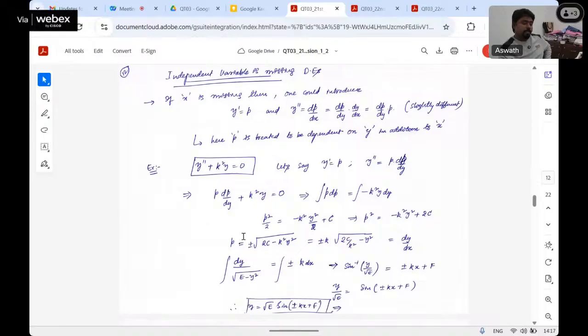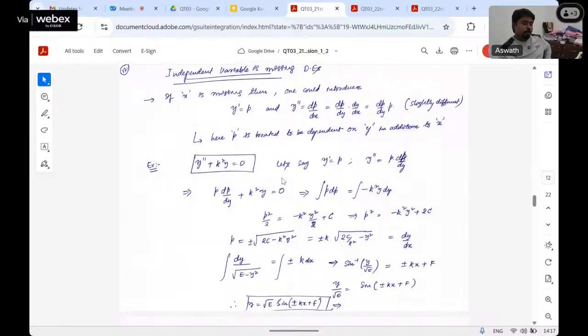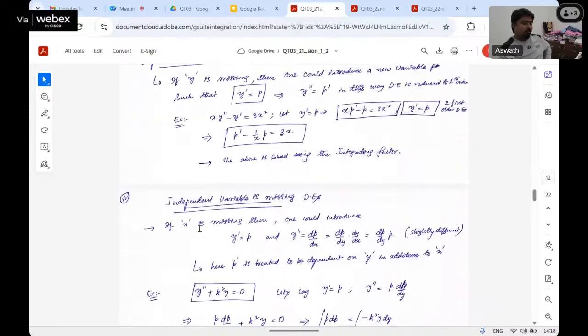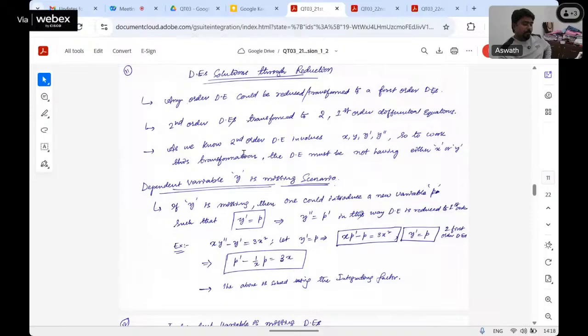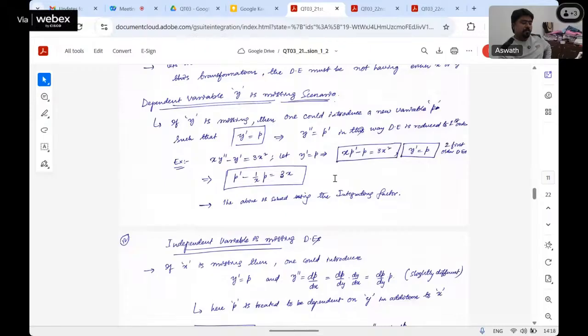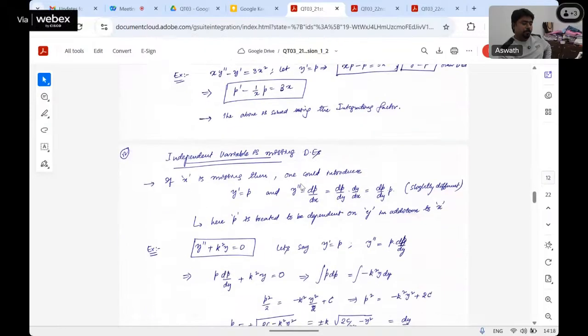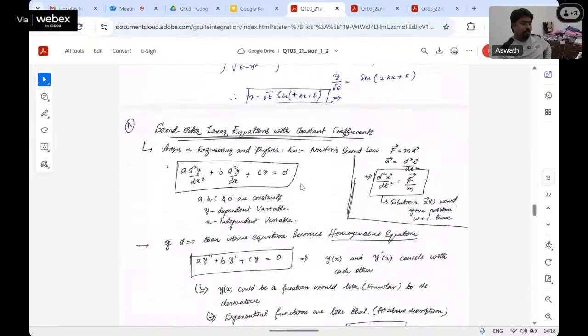Okay, so that is the example discussed here. And if just y itself is missing, in that case this is the introduction: y prime is equal to p, y double prime is equal to p prime. So the example is also discussed. It becomes much easier to solve by introducing these changes. Okay, right?